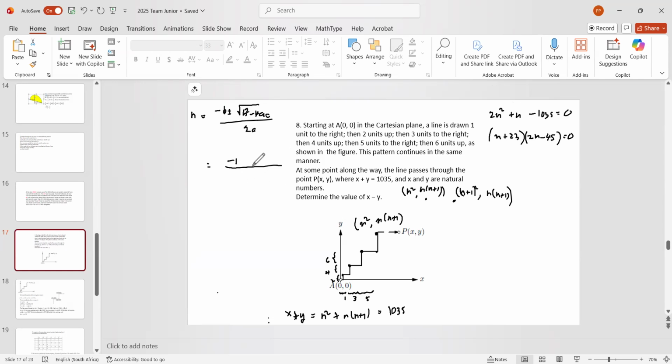So minus b is minus 1 plus or minus the square root of b squared, b is 1. So it's 1 squared minus 4 times a, which is 2, and c is negative 1035.